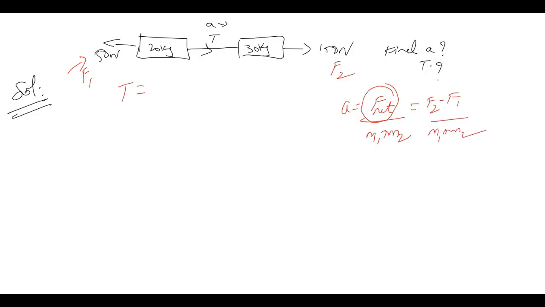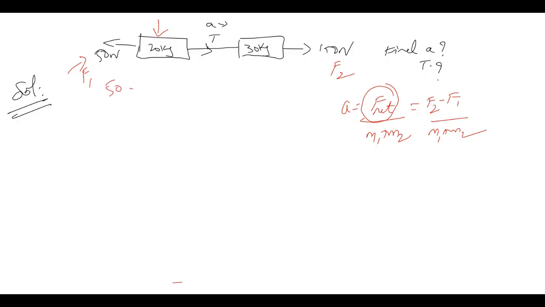T is equal to anything. You can take this or this. T will become M1 or M2, you can take and you can solve it for T.